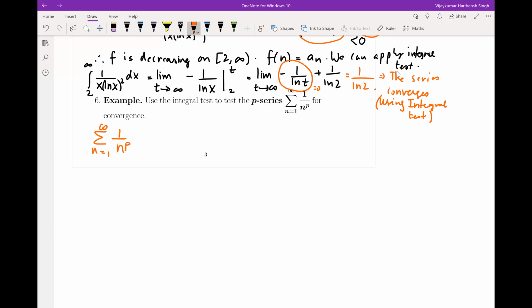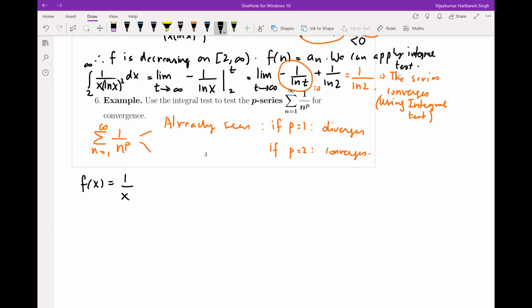But rather than doing it for every p, every number, not just for integers but even for real numbers, let's deal with this problem in generality. So consider f of x equals 1 upon x to the power p. And here we are considering p greater than 0.